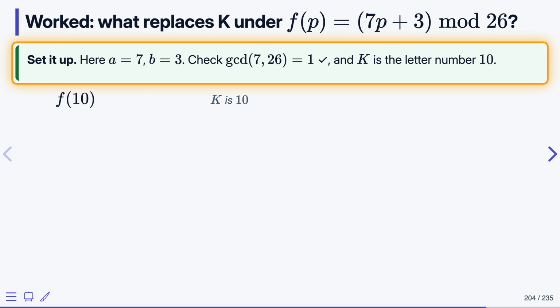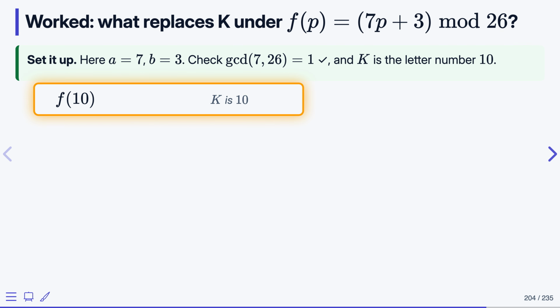Set it up. Here a is 7 and b is 3. First check the condition. The greatest common divisor of 7 and 26 is 1, since 26 is 2 times 13 and 7 divides neither. So this is a valid affine cipher, and the letter K is number 10. Line 0, we want f of 10.